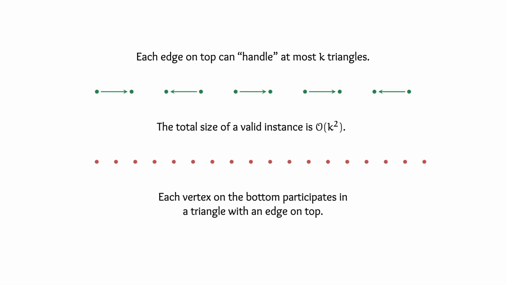Therefore, if we were working with a yes instance, then we couldn't afford to see more than k squared plus 2k vertices. So if the size of our instance exceeds this bound, then we can say no. That's our final reduction rule, which leads to a kernel of size order k squared.